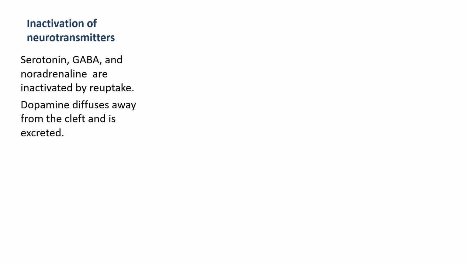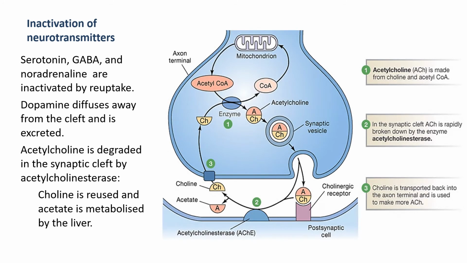Dopamine diffuses away from the cleft and is actually excreted. We don't recycle dopamine. ACH is degraded in the synaptic cleft by acetylcholinesterase. This is an enzyme, obviously, that breaks acetylcholine into two.